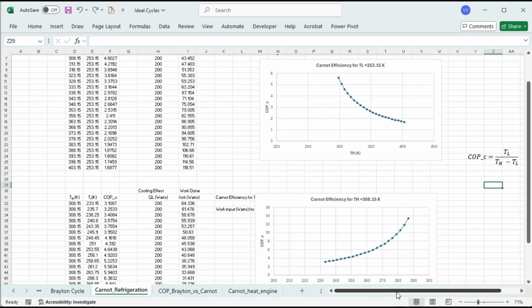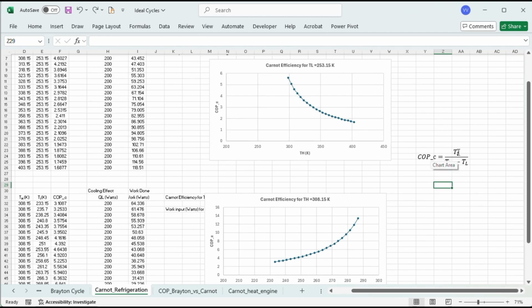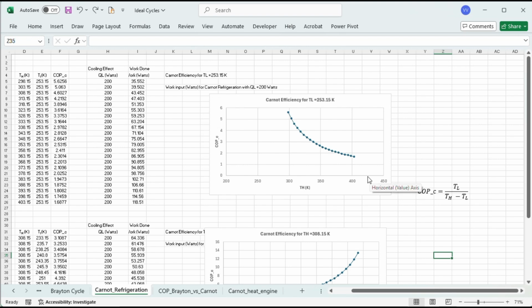Let's look at Carnot refrigeration on its own. We know the formula is COP_C = TL / (TH - TL). So what does that mean? If you keep the low temperature constant, then the efficiency decreases as the high temperature increases. Okay, so this is somewhat opposite of the heat engine effect.